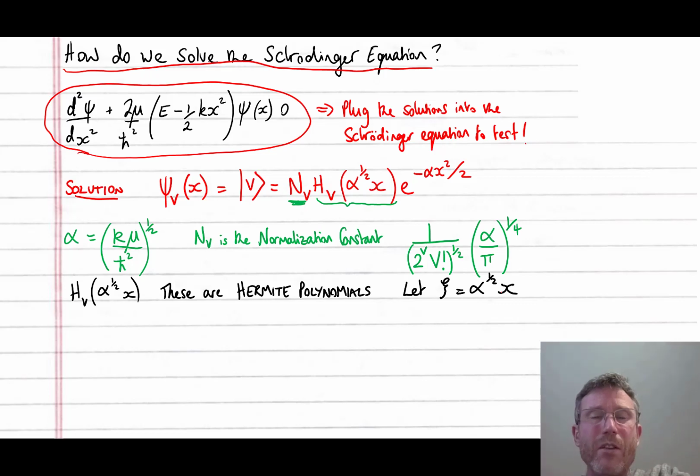Nonetheless, Hermite polynomials: it turns out that the form of the Schrodinger equation that we're solving here was solved many years before quantum mechanics came along, and so the mathematics could simply be borrowed from the pioneers of math, and those solutions were pumped directly into quantum mechanics.